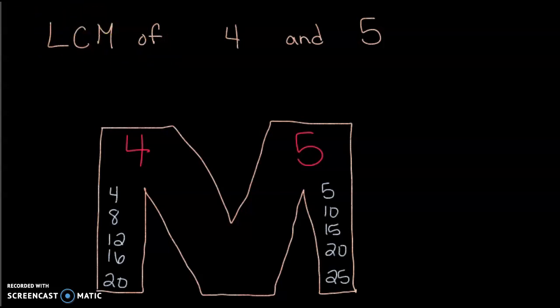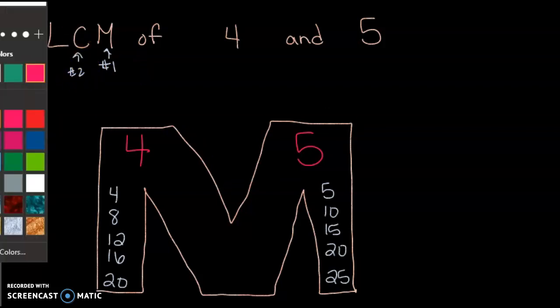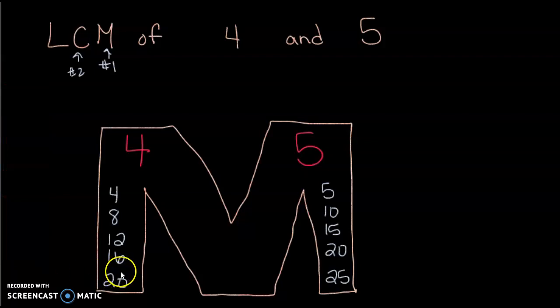Least common multiple. Step number 1 was to find the multiples. Sweet, we totally did. Step number 2 is to find the common ones. So it looks like the only one they share is 20. And step number 3 is to find the least of the common ones.